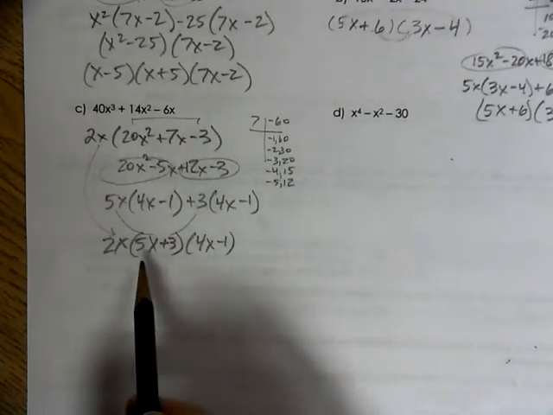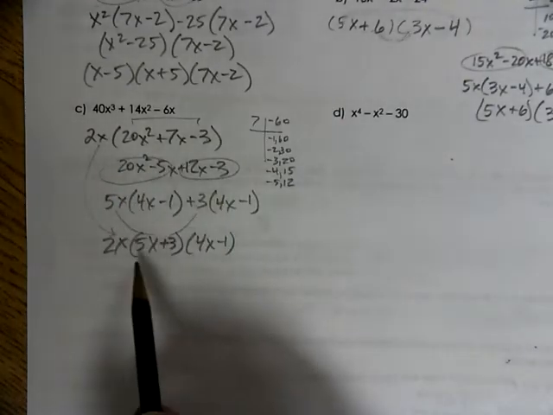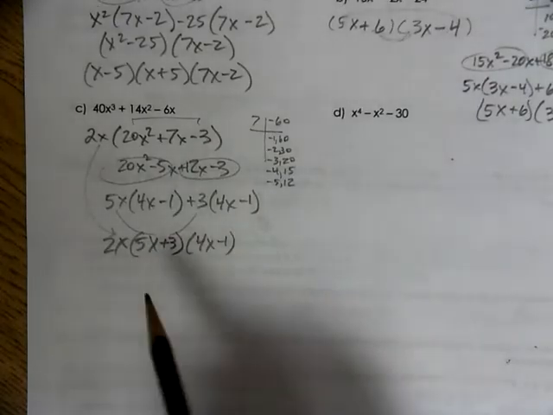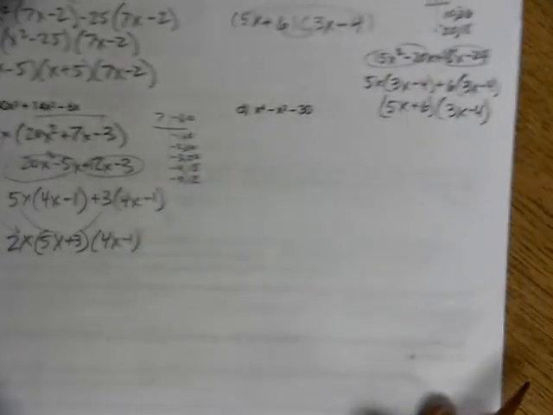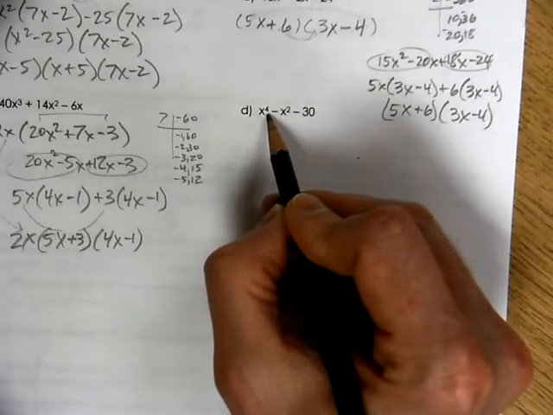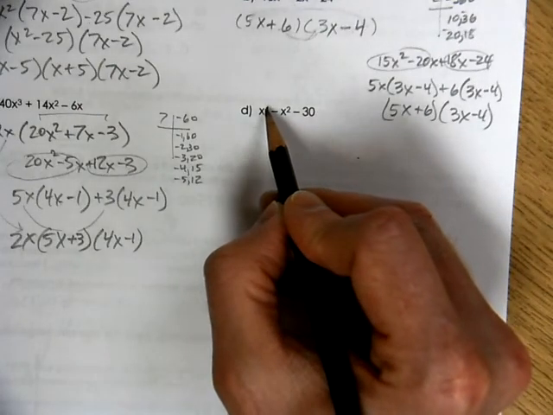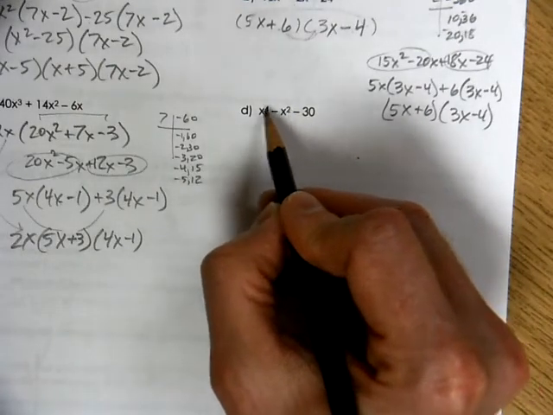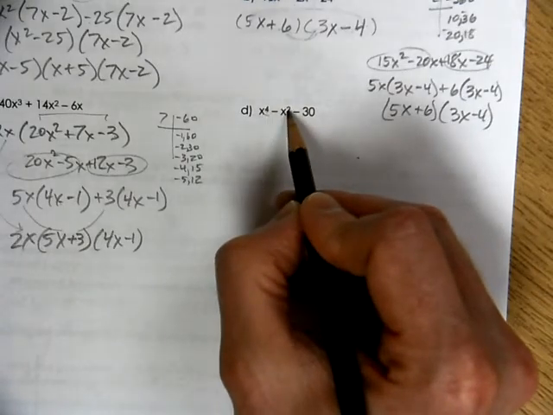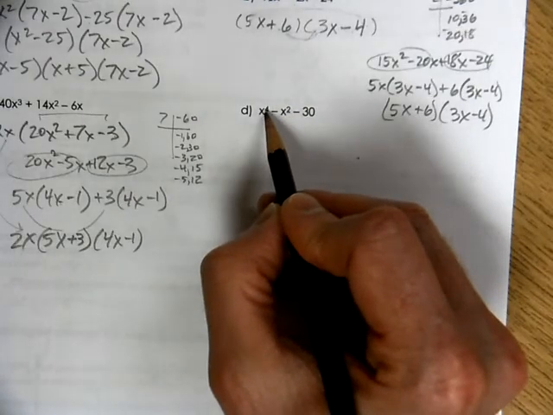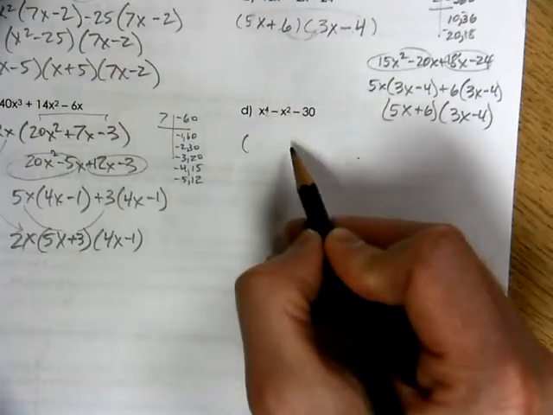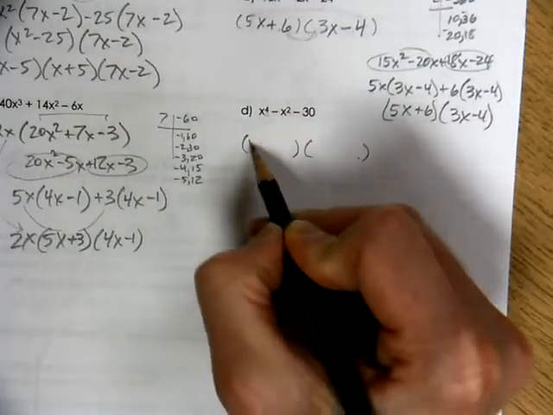Otherwise, you would use guess and check, which could have been 10 and 2, which could have been 5 and 4. Anyway, that's factoring. Now, this one is x to the 4th, but because this is 4 and this is half of that amount, like 6 and 3 or 10 and 5, this is 4 and 2, we can treat it just like any quadratic.